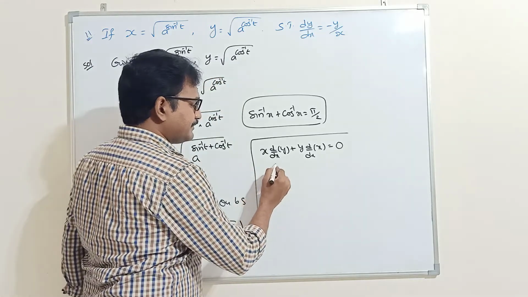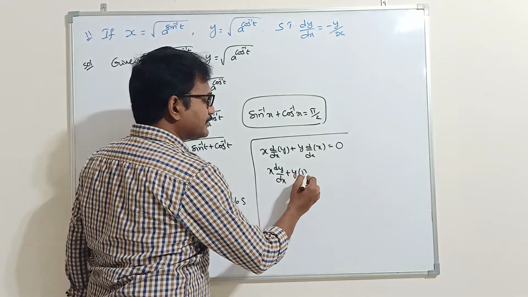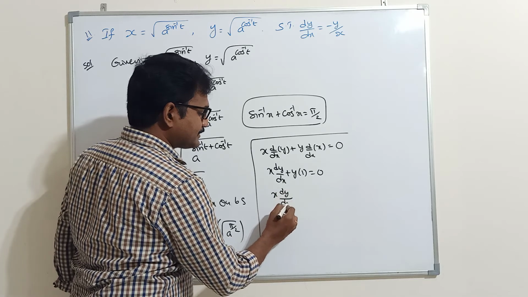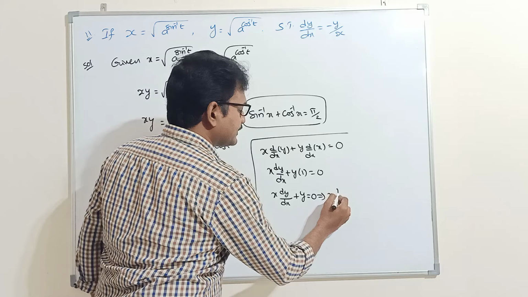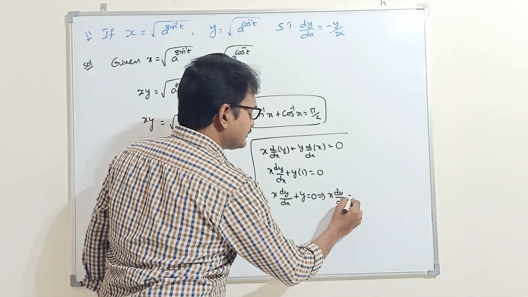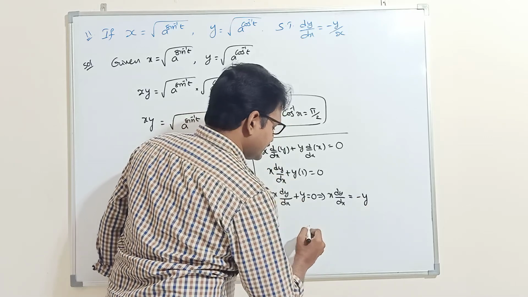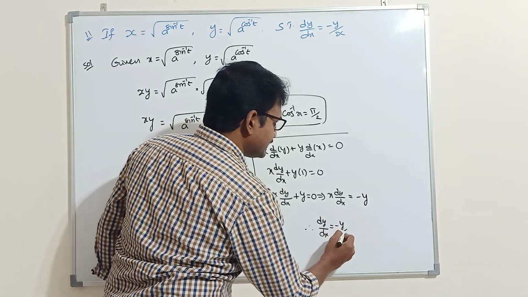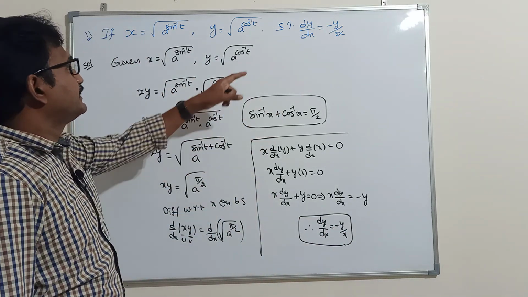So x into dy by dx plus y into the derivative of x, which is 1, is equal to 0. So x into dy by dx plus y is equal to 0. If you send plus y to the right hand side, you will get minus y. Therefore, dy by dx is equal to minus y by x. This is the derivative of the given function.